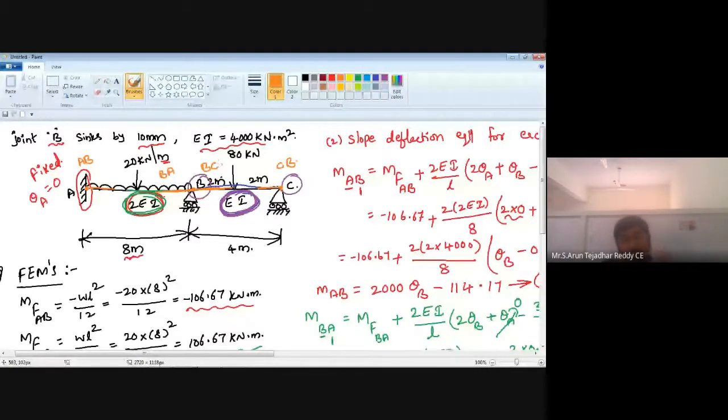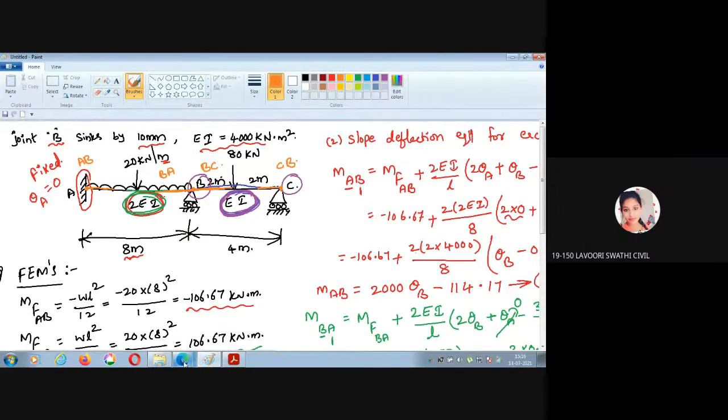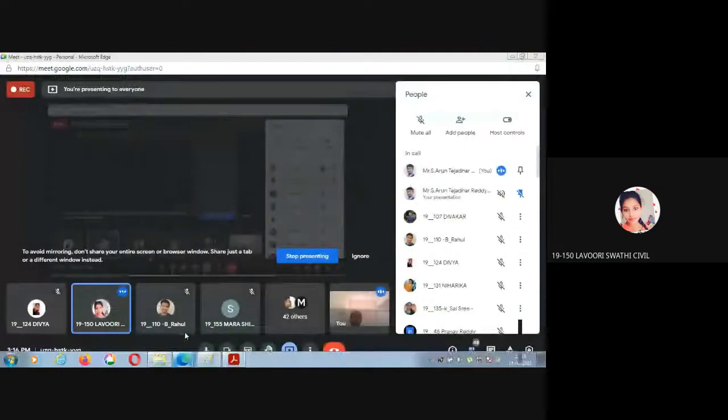But if you take A as a joint, it is connected only one member, that is AB. And if you take C as a joint, it is connected only one member, that is CB. So present situation, first to take B as a joint. After that we'll see whether A is sufficient or else C is sufficient. That we'll see later. But present condition, take B as a joint.